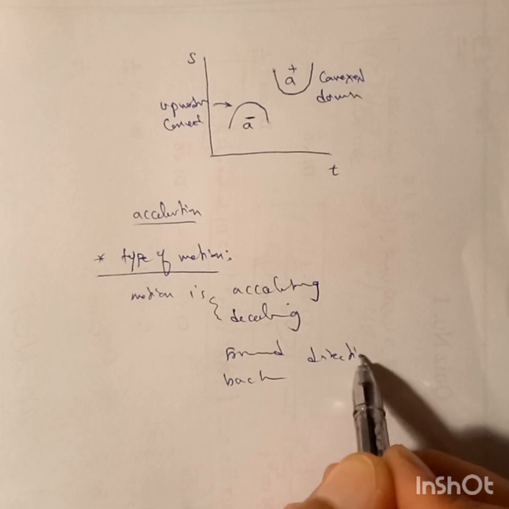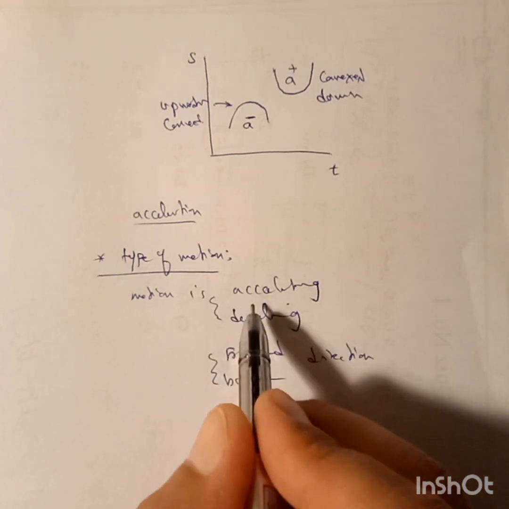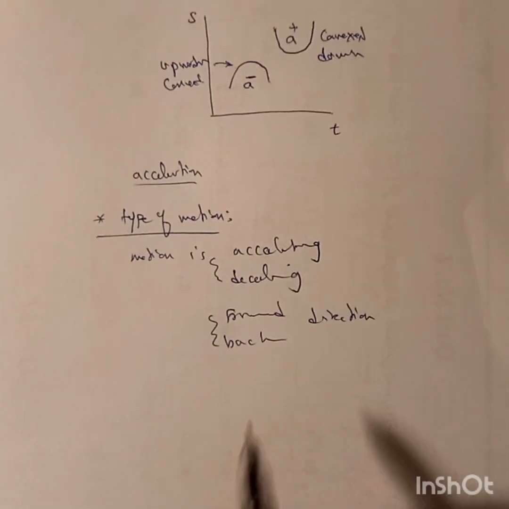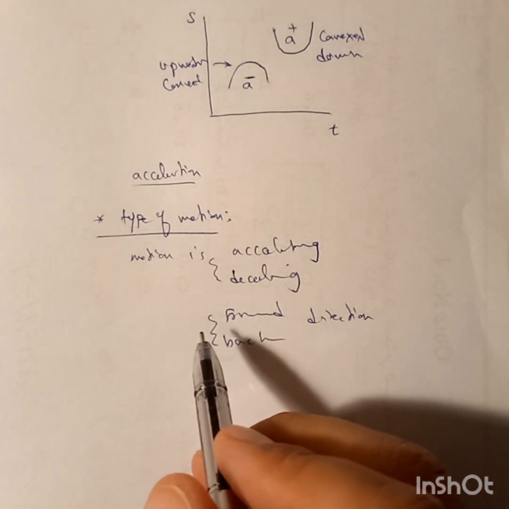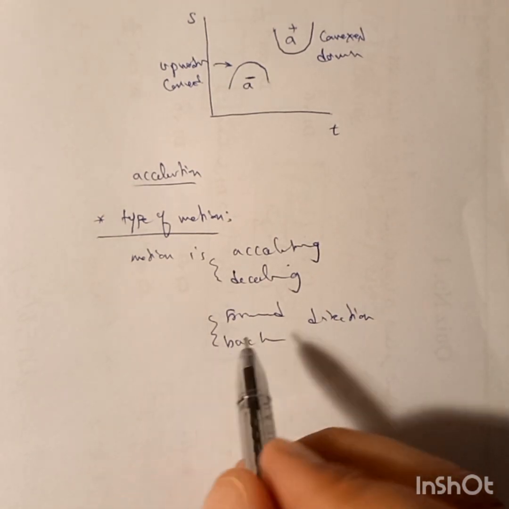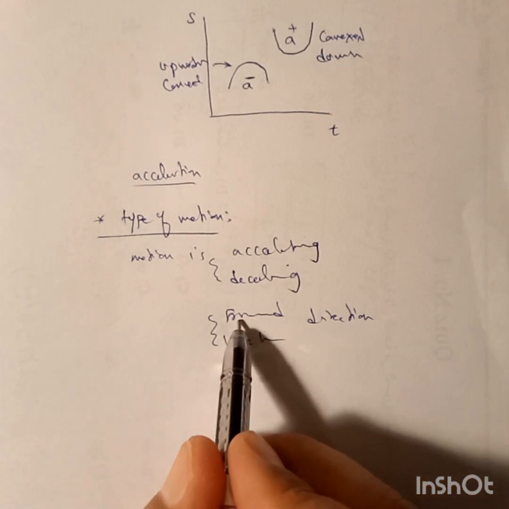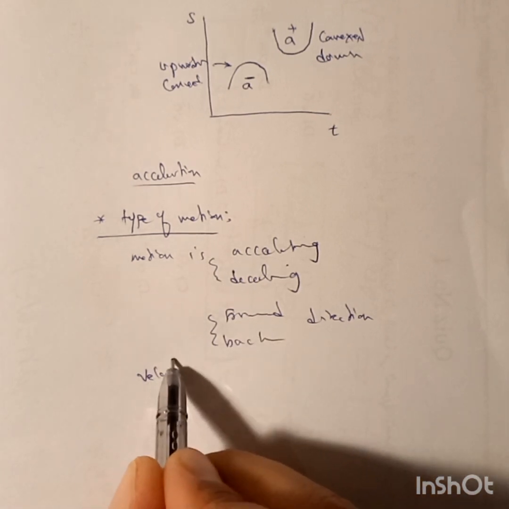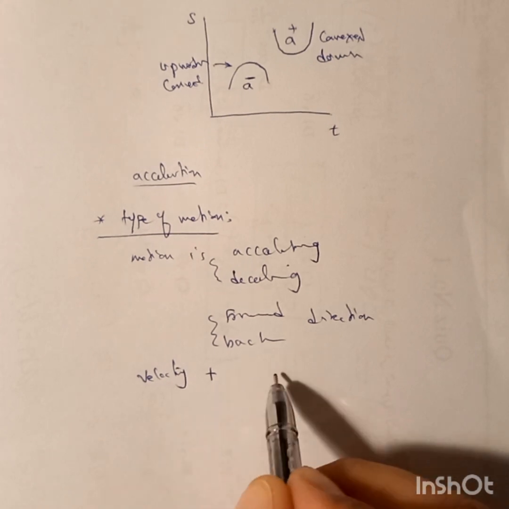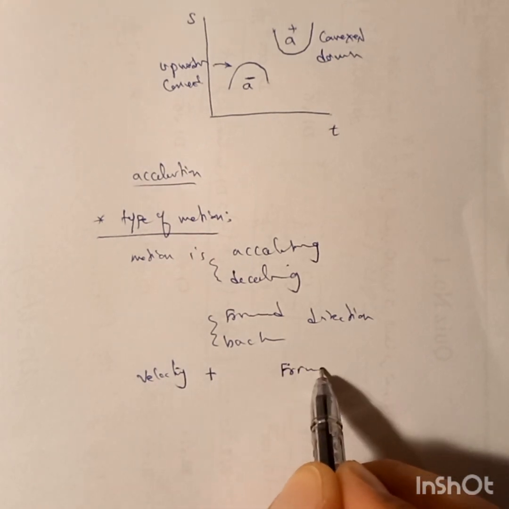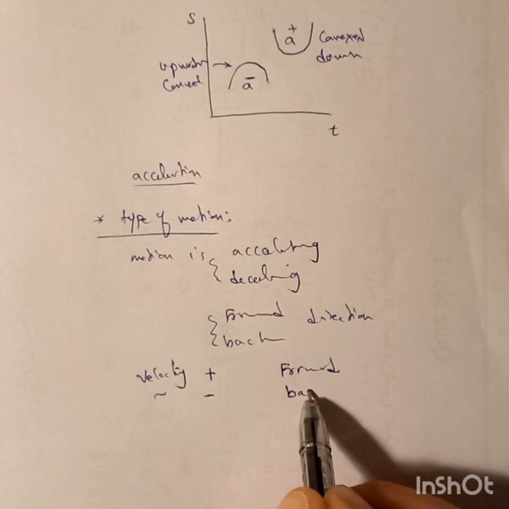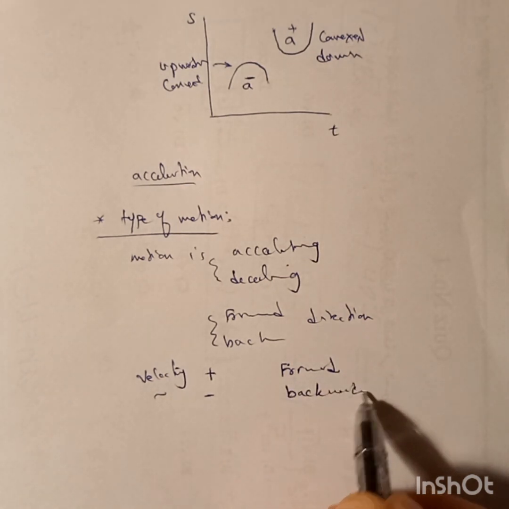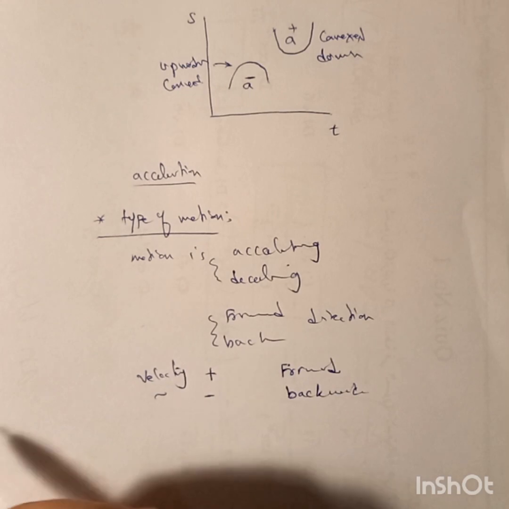We have to identify both of these items. First, as we said before during the explanation of velocity, if the velocity is positive, then the motion is forward. If the velocity is negative, then the motion is in the backward direction. This is the first item.